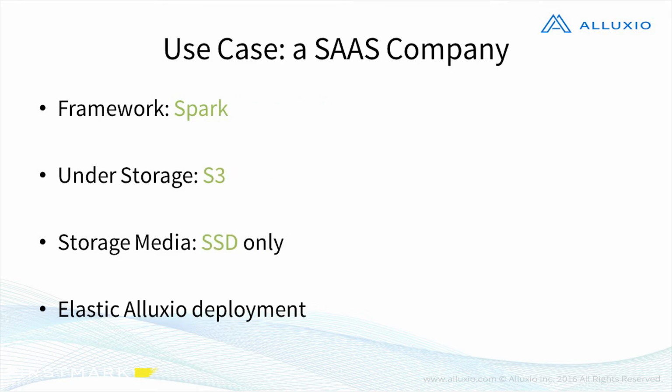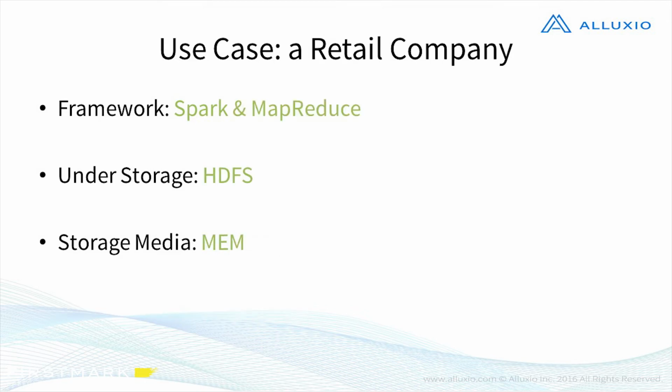And there's a SaaS company. This is very interesting. They run Spark on top of Alluxio on top of S3. And because of their cost analysis, they found that using Alluxio to manage SSD only will bring enough benefit to them. So in this particular case, they use Alluxio to manage SSD only. Okay, and this is a retail one. This is Spark and MapReduce on top of Alluxio and HDFS, and you use Alluxio to manage memory.